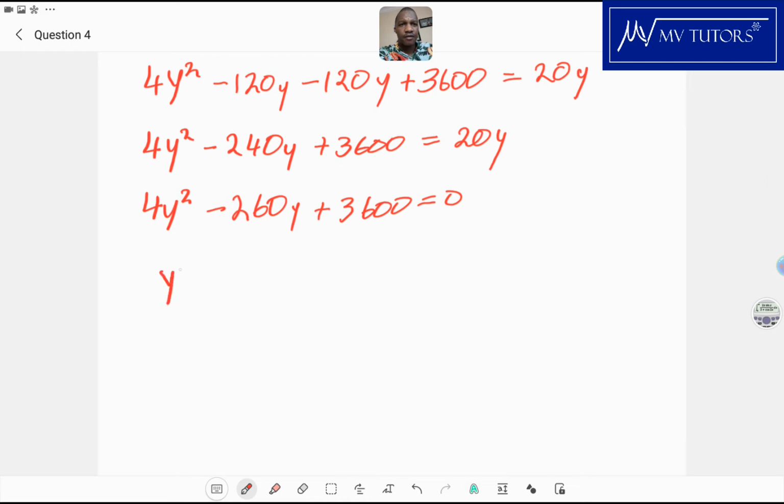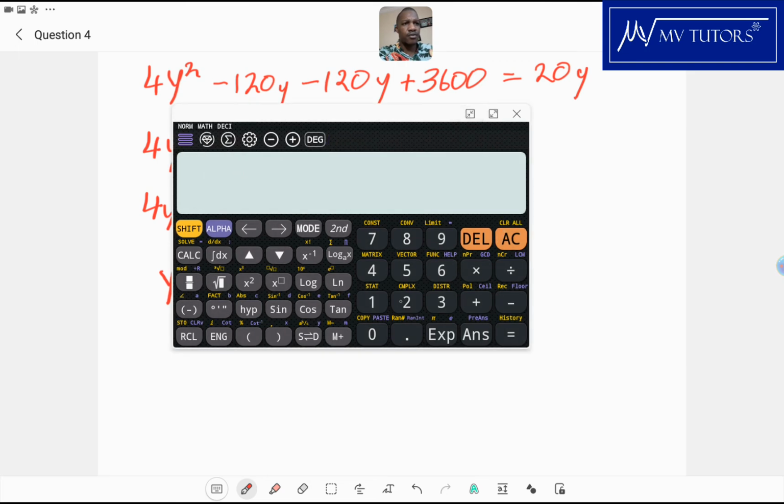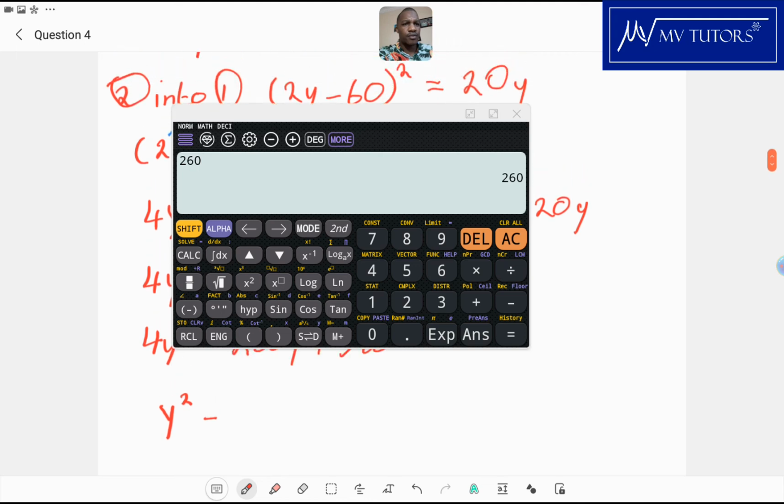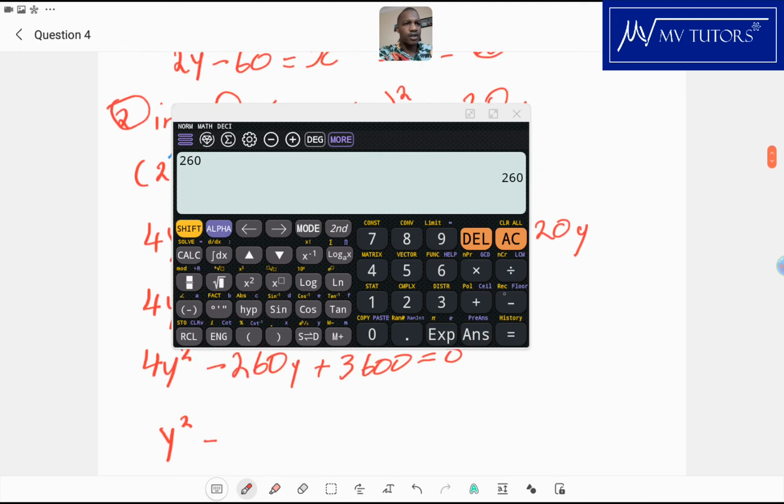I'm going to have y squared here minus, I don't know what 260 divided by 4 is, so I'm just going to put it in a calculator real quick. It's 260 divided by 4, 65. So I got 65y here. Plus, now I need also 3600 divided by 4. I get 900.